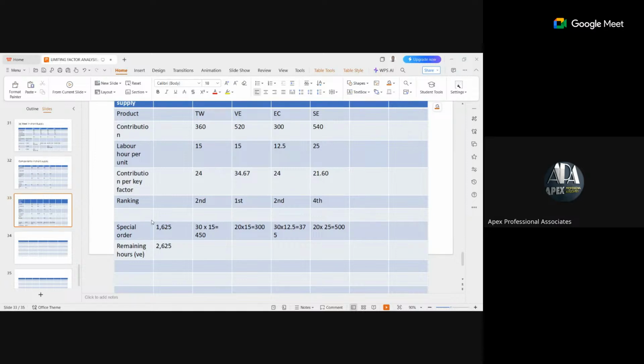Now, since you have a need to produce 200 units of VE and you've produced 20 units, you are left with 180, right? How many hours do you need to produce 180 of VE? 15 multiplied by 180. You should get 2,700. Now, we don't have that 2,700 since we only have 2,625. Now, for us to produce VE, how many units of VE can we produce using 2,625?